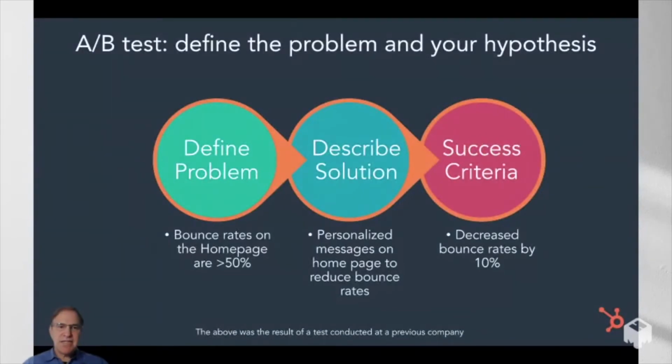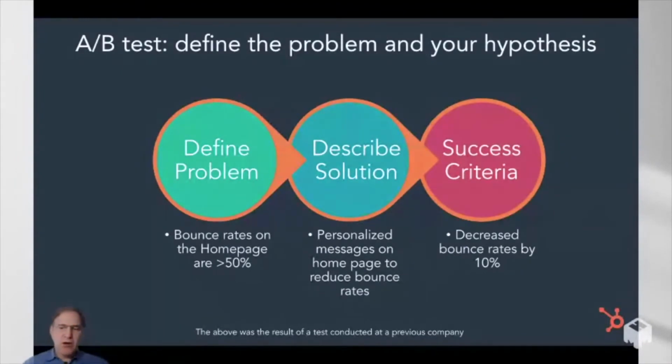So here's an example, and the numbers are just examples here. A simple A/B test, right? So the problem here is how to reduce bounce rates from your home page. You might only get X% of your traffic to the home page versus other landing pages, but 50, 60% of the folks are bouncing from that page. So a potential solution could be a personalized message. It could be a community manager doing a meet and greet.